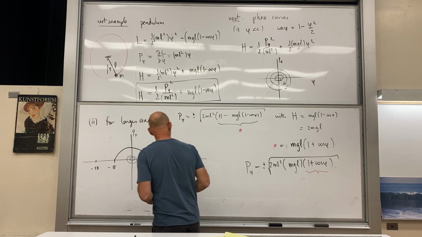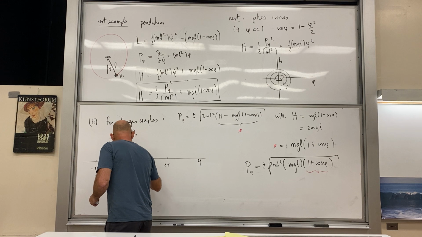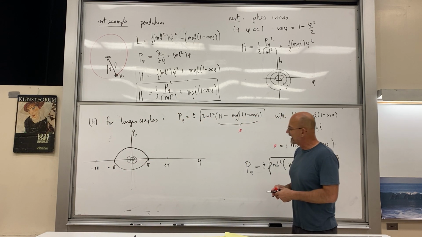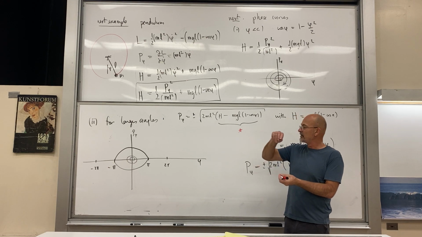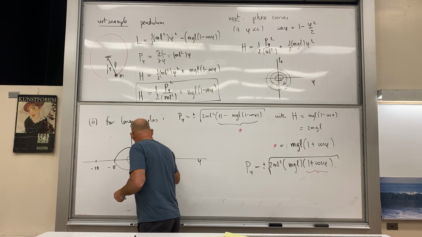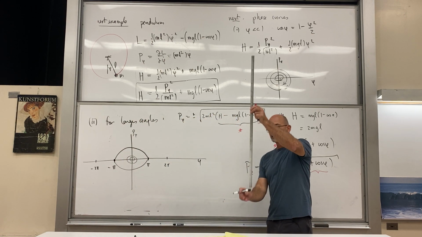It's symmetric, and it's got the minus sign, goes to here. So this is the phase curve for the energy in which the pendulum is very close to just standing on its head. It's standing right here.